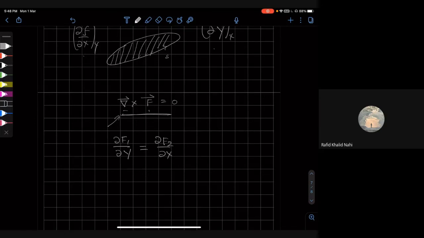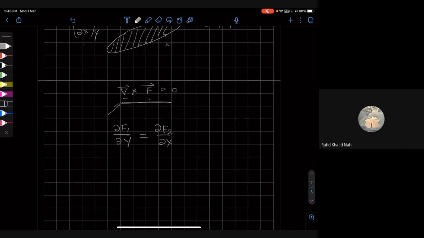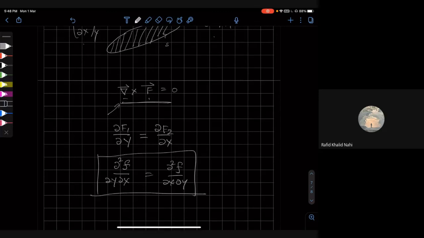And now if I express f1 and f2, then we see that del f of y, del x is equal to del squared f, del x, del y, which is what Nahi was talking about. Okay?